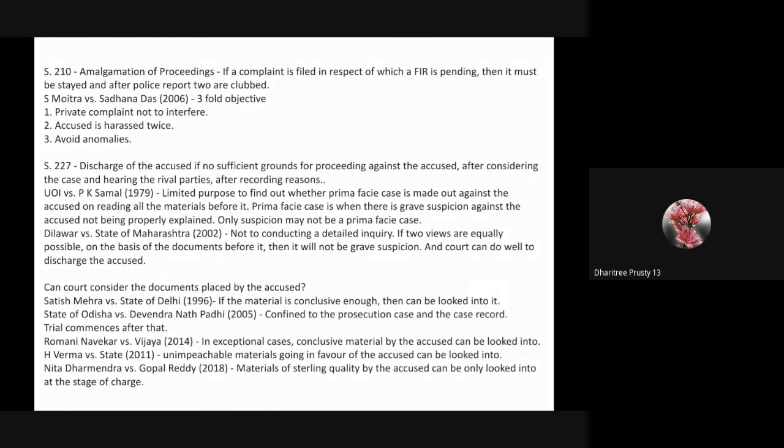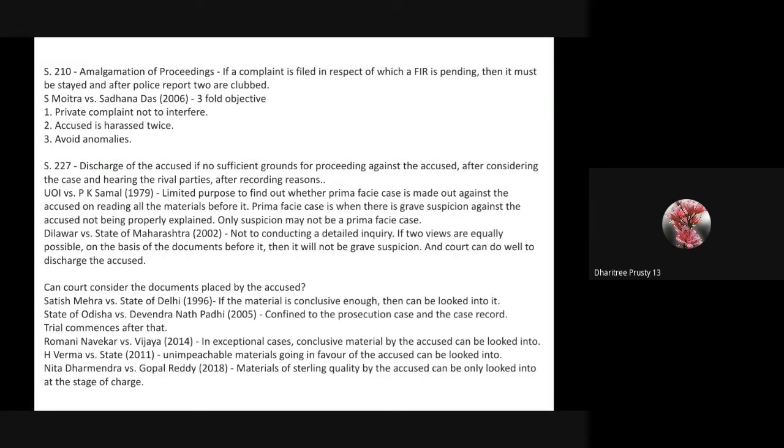On a bare reading of all the materials before it and hearing the rival parties once, if the sessions court is of the opinion that there is no ground for proceeding against the accused, because there is only a suspicion and not a grave suspicion, then it discharges. If it is a grave suspicion, then it shall go ahead and charge the accused.